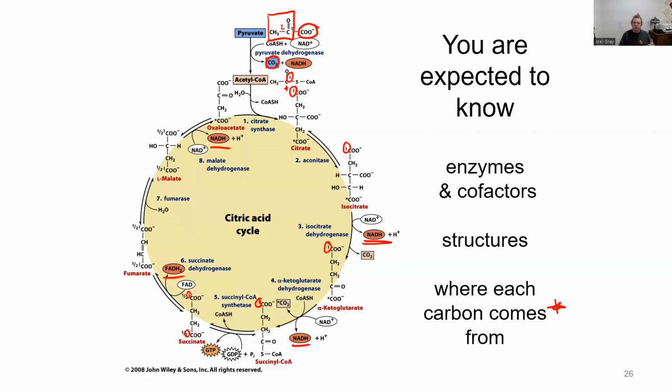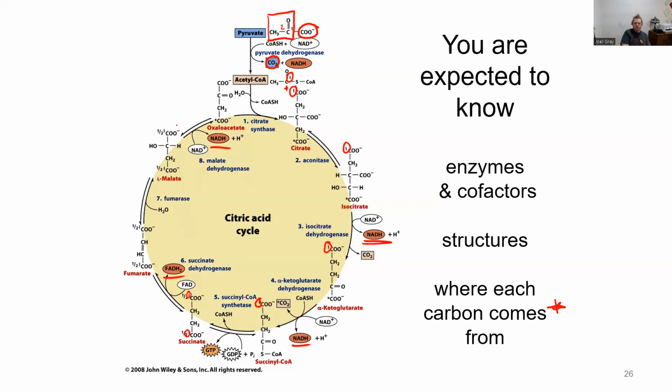So I want you to keep that in mind, and then be able to answer the question of, well, as time goes on and as rounds of the citric acid cycle are completed, where does that labeled carbon end up? So when you look at that labeled carbon, it's important to visualize where that is.